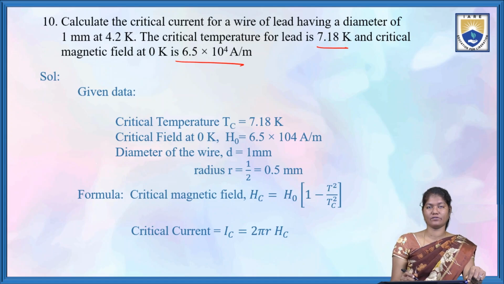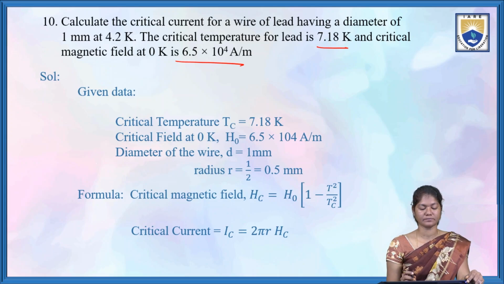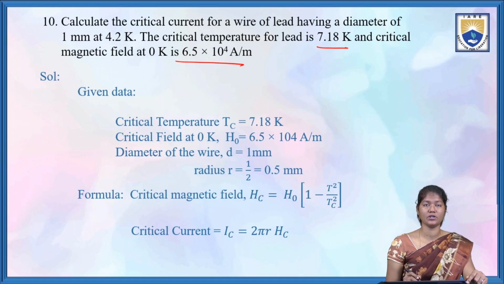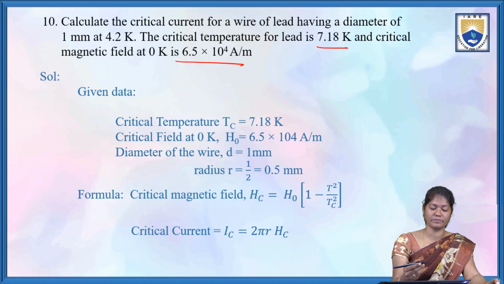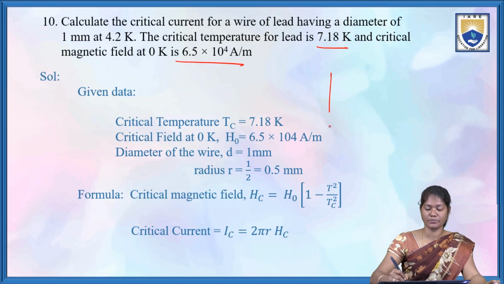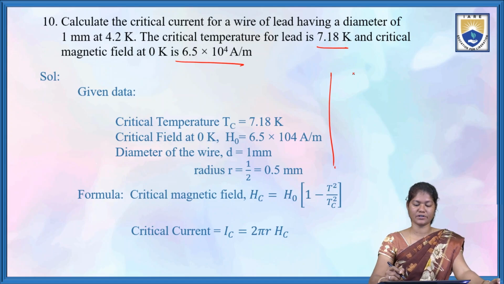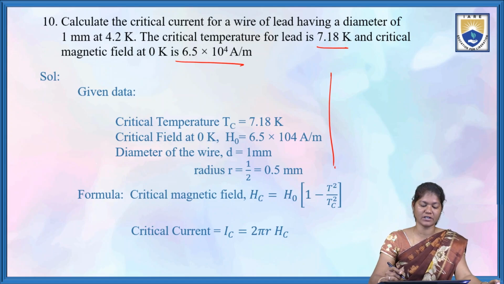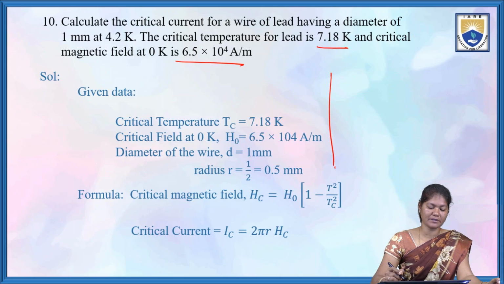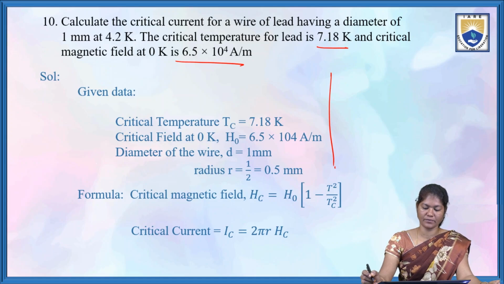This one belongs to the applying level of Bloom's taxonomy. So we need to calculate the critical current IC of the lead wire.